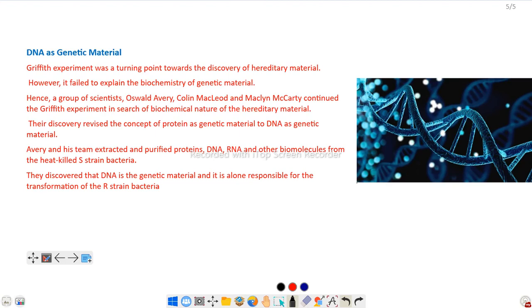So Avery and his team extracted and purified protein, DNA and other biomolecules from that heat killed strain, and each biomolecule was extracted separately and injected separately into individual mice. They discovered that DNA is the genetic material and it alone is responsible for the transformation of the R strain.